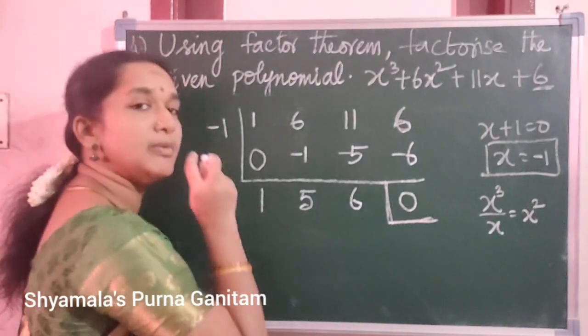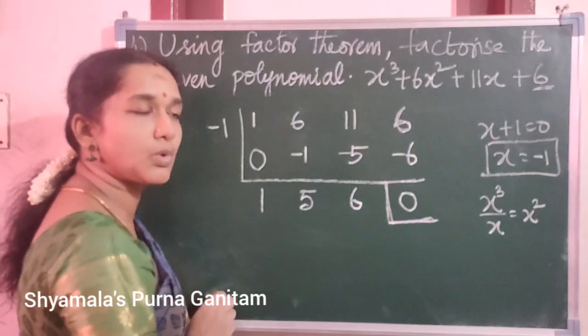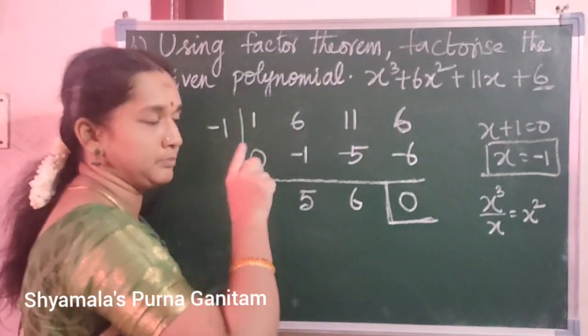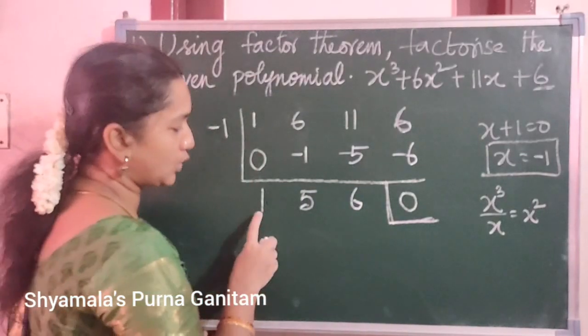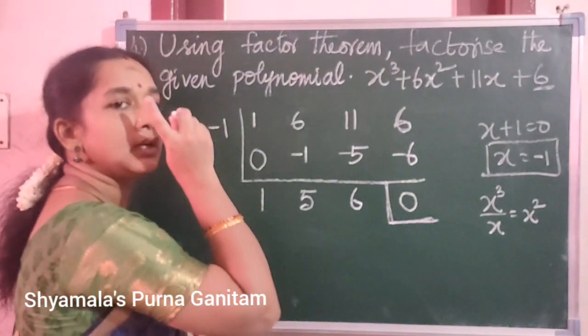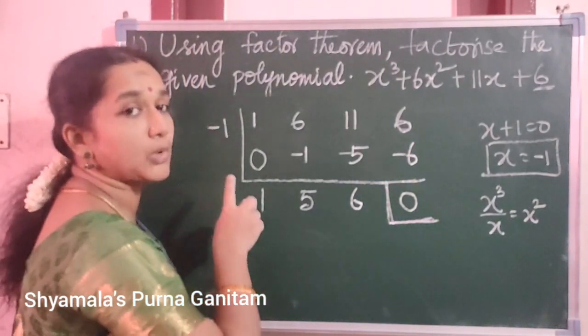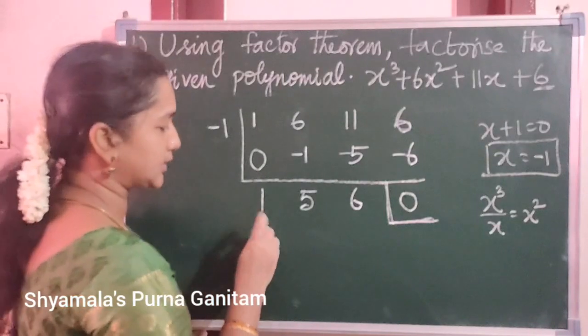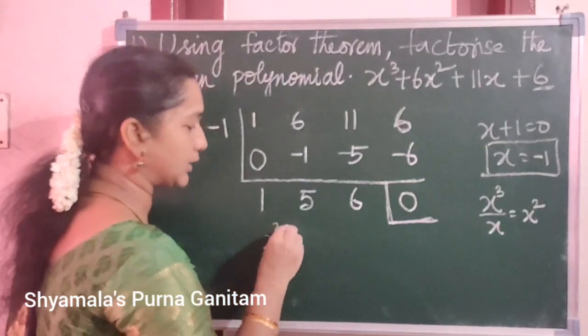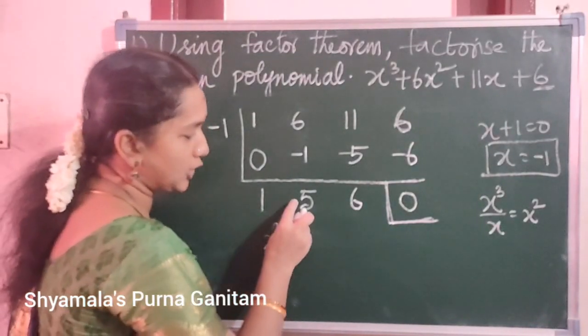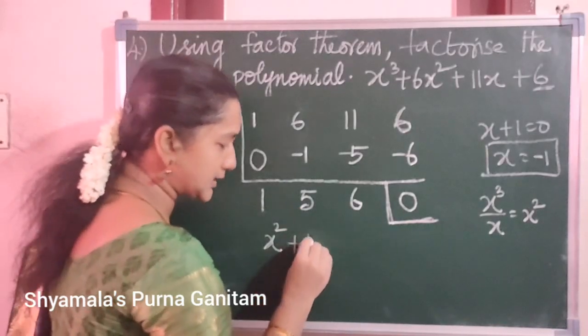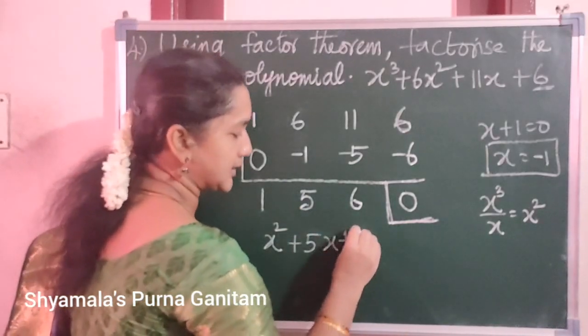So the answer that you got after dividing this by the linear polynomial is a quadratic polynomial. For the quadratic polynomial, the highest degree is 2, so the first term will be the coefficient of x squared. Since 1 is there, you will write it as x squared. Here you have plus sign only. So plus 5x plus 6.